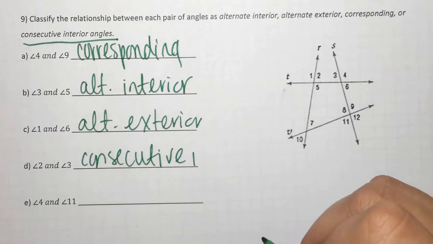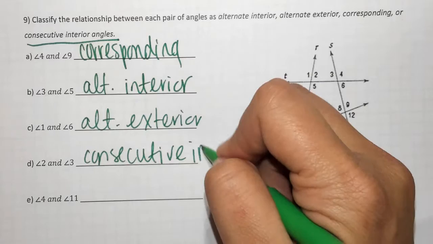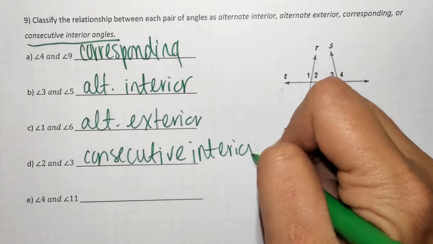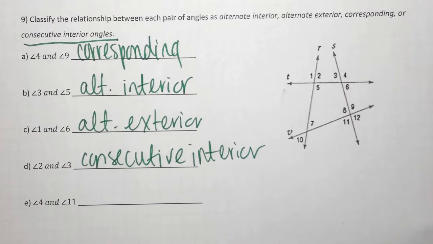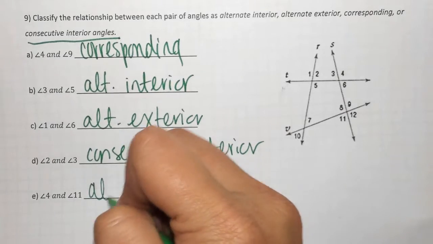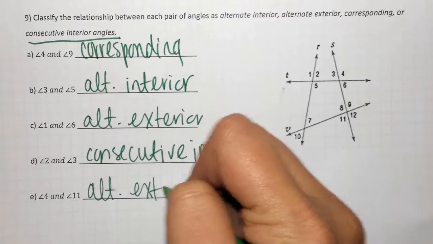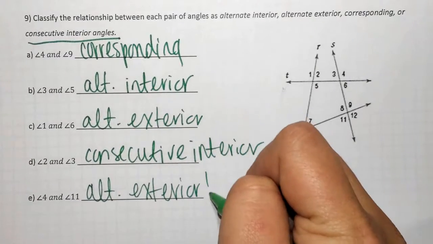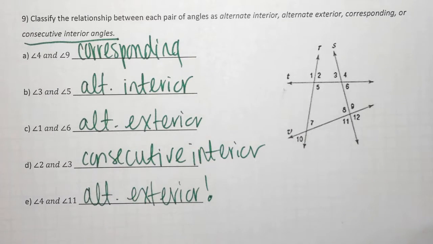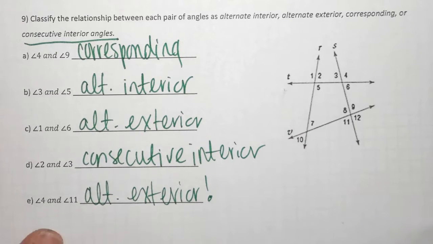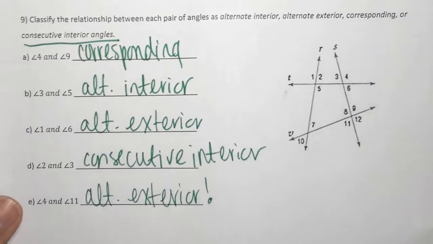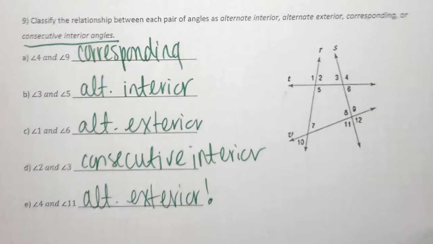I could be a crazy person though. That's reasonable. And the last one, 4 and 11. Alternate exterior. Look at us go. Don't forget, 10 and 11. We had to do 9 and then 10 and 11.